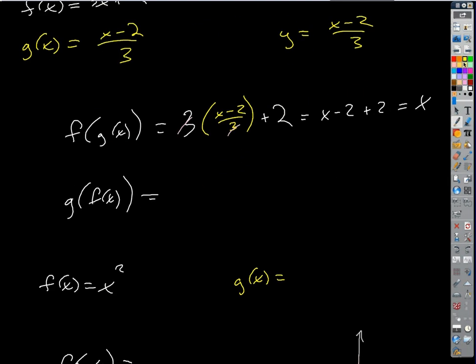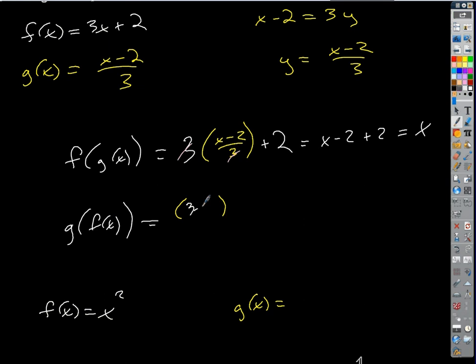So we're going to get 3x plus 2, minus 2, over 3. And if we simplify this, 3x plus 2 minus 2 is just 3x, over 3 is x. So either way it works, doesn't it? So those are inverse functions.